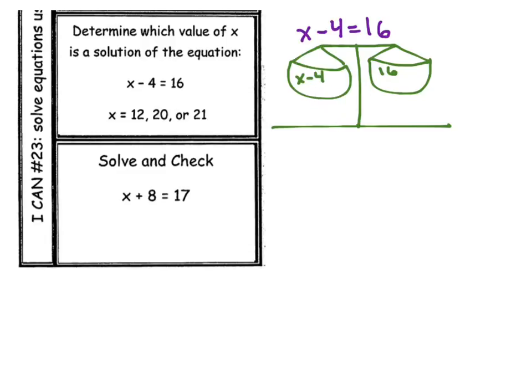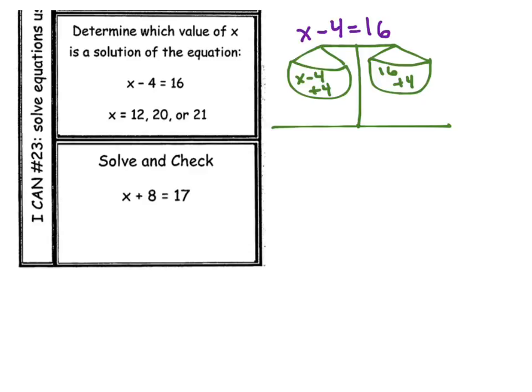Well, if we add 4 here, now our scale has gone wonky. It's going to be slanting this way because we have 4 more over here. So to even it out, we need to add 4 over here as well. And now our scale is balanced again, and we can then cancel, and we'll get our variable isolated.